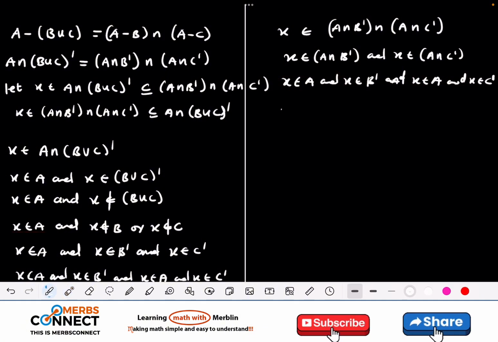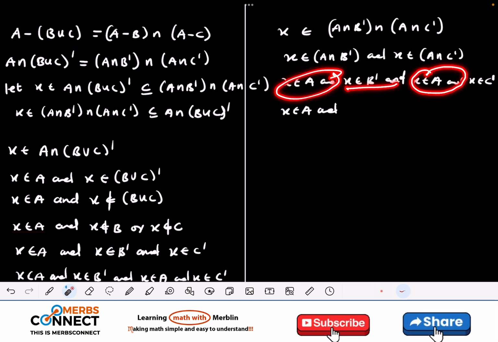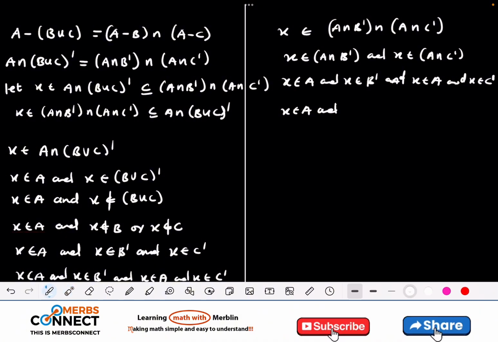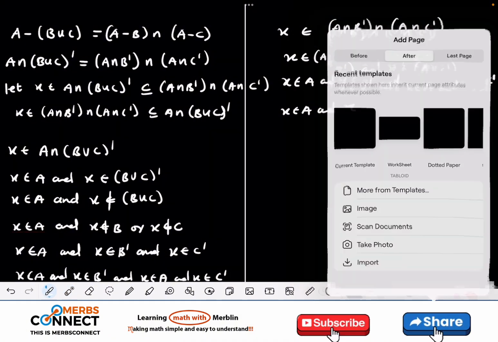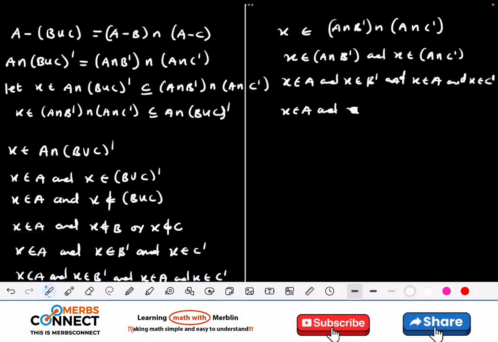When I factor this out and this out, what will be left? It will be left with this and that. So it is going to be left with X belongs to B prime and X belongs to C prime. Is that right?